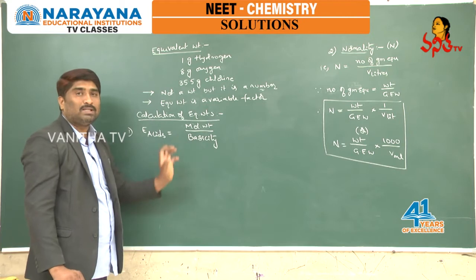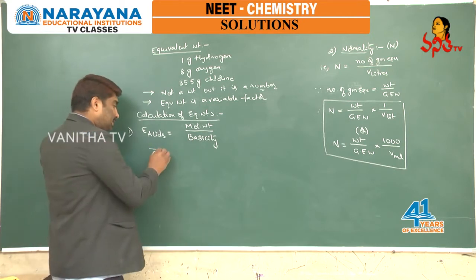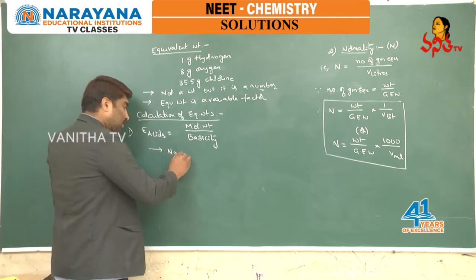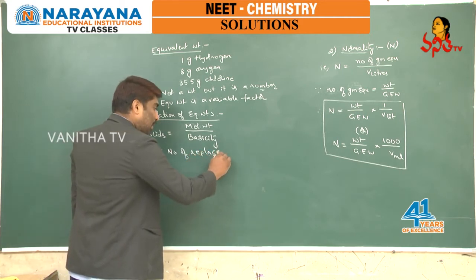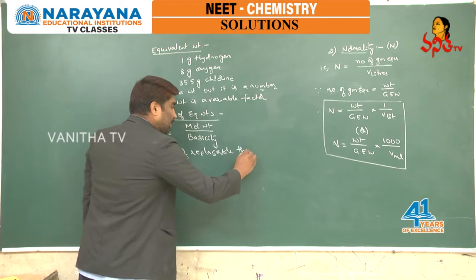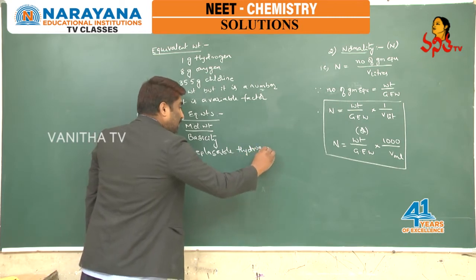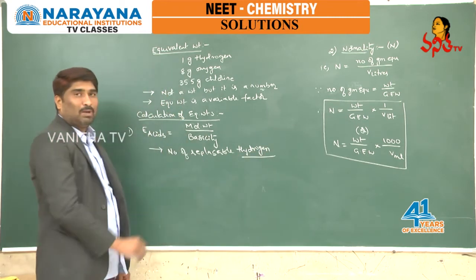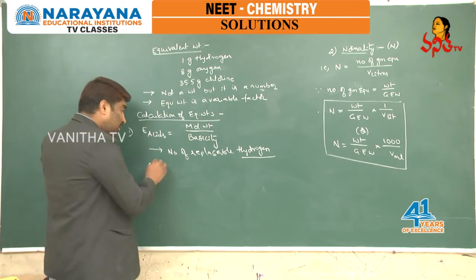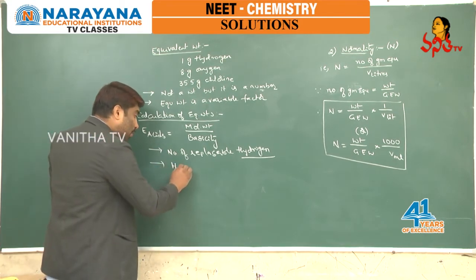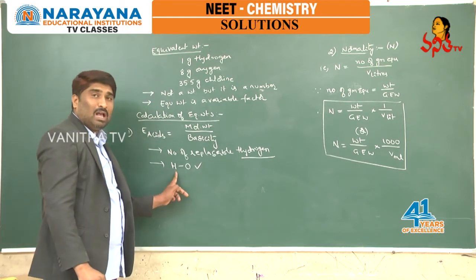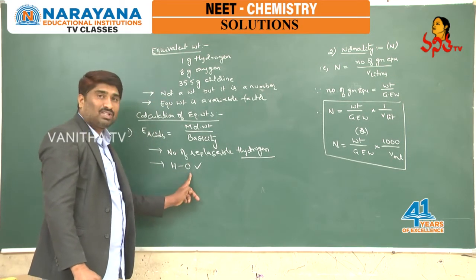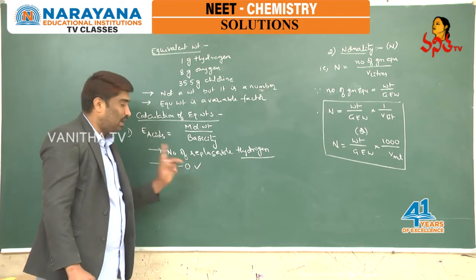Here, what is basicity? Basicity is nothing but the number of replaceable hydrogens. Which hydrogen is said to be a replaceable hydrogen? The hydrogen that is directly linked to oxygen is called replaceable hydrogen.